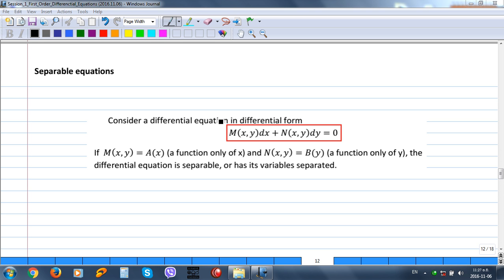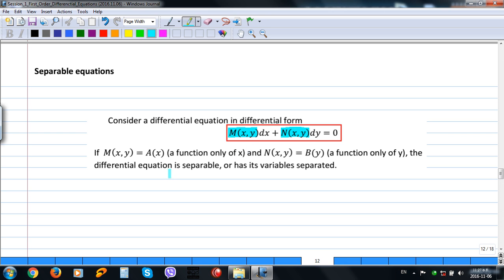Consider a differential equation in differential form M(x,y) dx + N(x,y) dy, where M(x,y) is a function of x, A(x), and N(x,y) is a function of y, B(y).